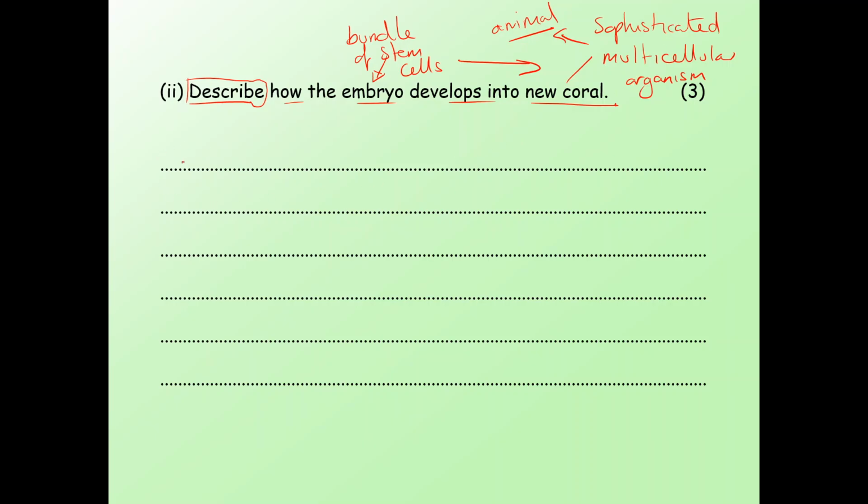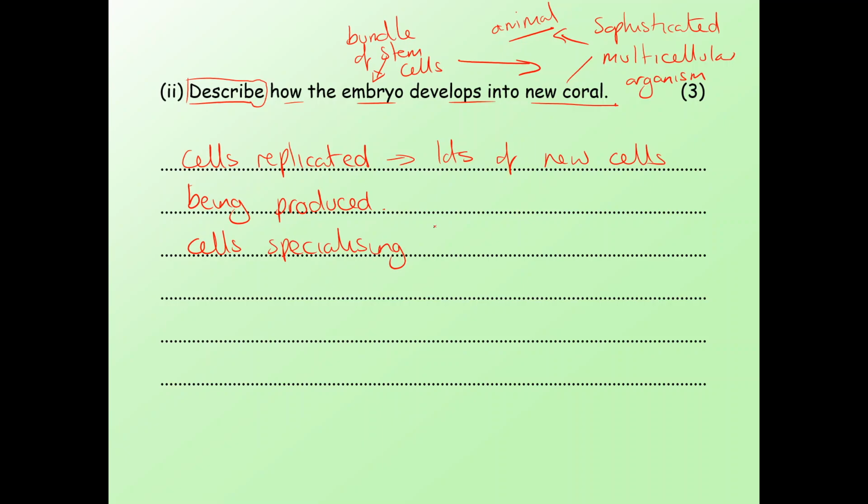Well, first of all, we have to have the cells replicating. Okay. Lots of new cells being produced. Okay. We could also talk about the cells specializing or differentiating.